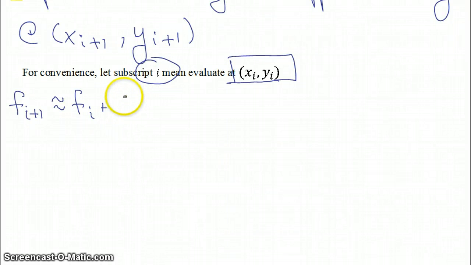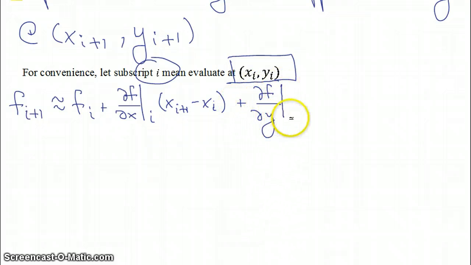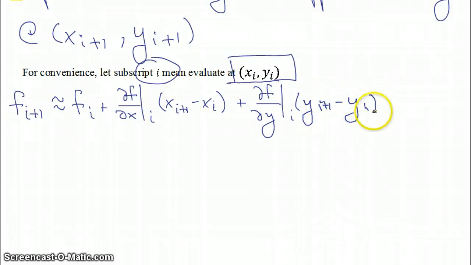So that's what we're going to have here, except since it's in two variables, it will be a partial derivative. So the partial derivative of f with respect to x evaluated at xi, yi times xi plus 1 minus xi. Now, since there are two variables, we have to do this for both variables. And so you have another term that's also a first derivative term. So you have plus the partial of f with respect to y, evaluated at xi, yi, times yi plus 1 minus yi.